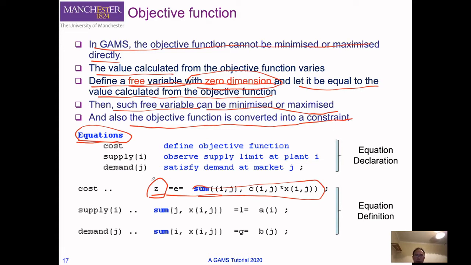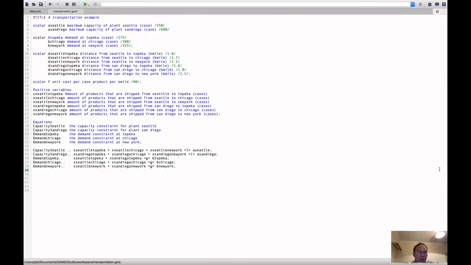Let's go back to GAMS and implement the object function. In the transportation example, the objective is to minimize the transportation cost. We first need to define a free variable to be equal to the object function.